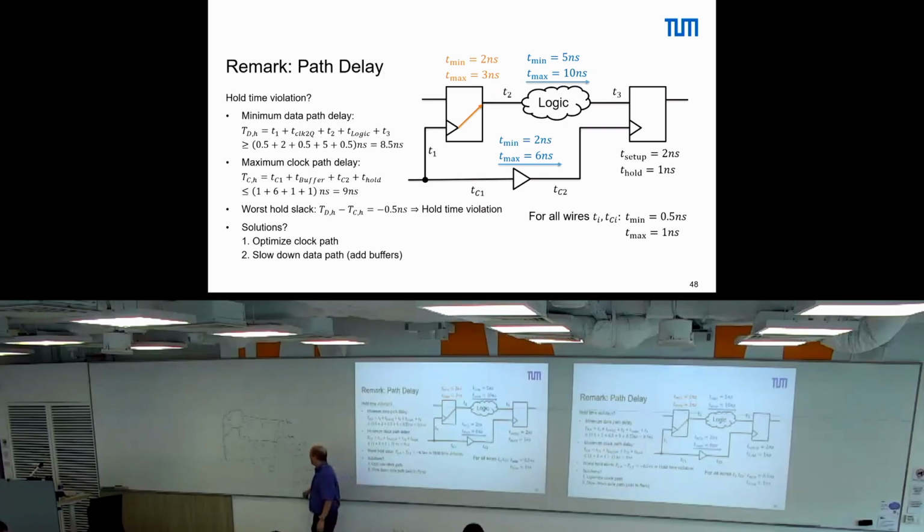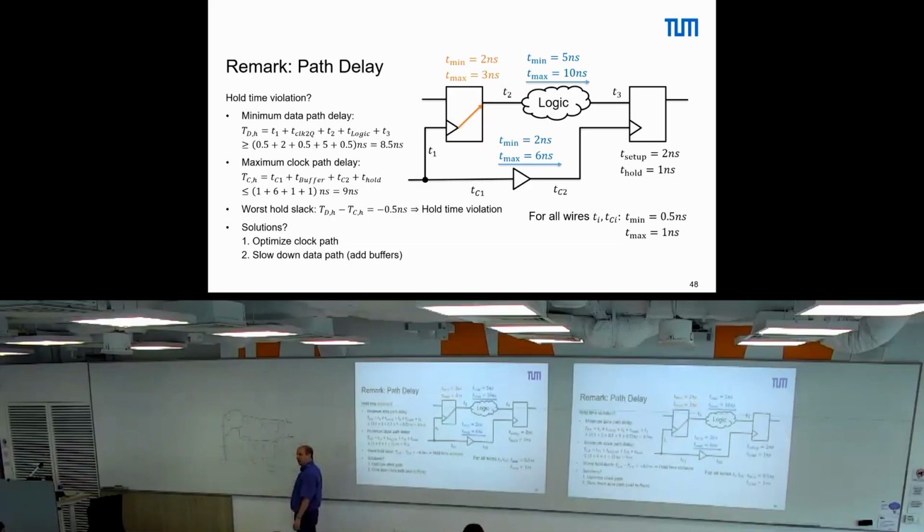The reason is that you design your clock tree in a way so that your clock ideally arrives on all the flip-flops at exactly the same time. That's just how you design the clock tree. And your data path has some delay, so it is usually given that you have no hold time violation.